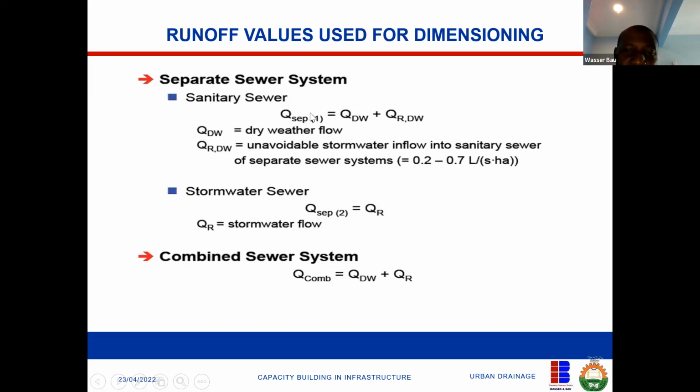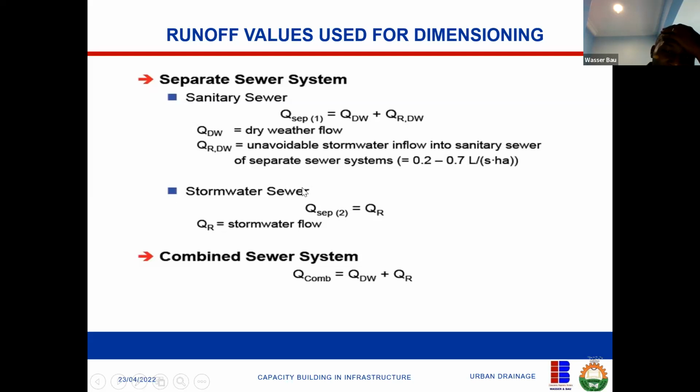If not, Q separate is just Q dry weather flow. Dry weather flow, as I said before, is the period when there's no rain, so what is flowing in the sewer is only what is coming from your home, only foul sewer. But once there is a storm event, some other small water comes into the system, either through breakages or, just like our engineer Giuseppe talked about, one or two neighbors who connect their storm water into the sewer. So this is meant to take care of such people. It's like a safety factor.